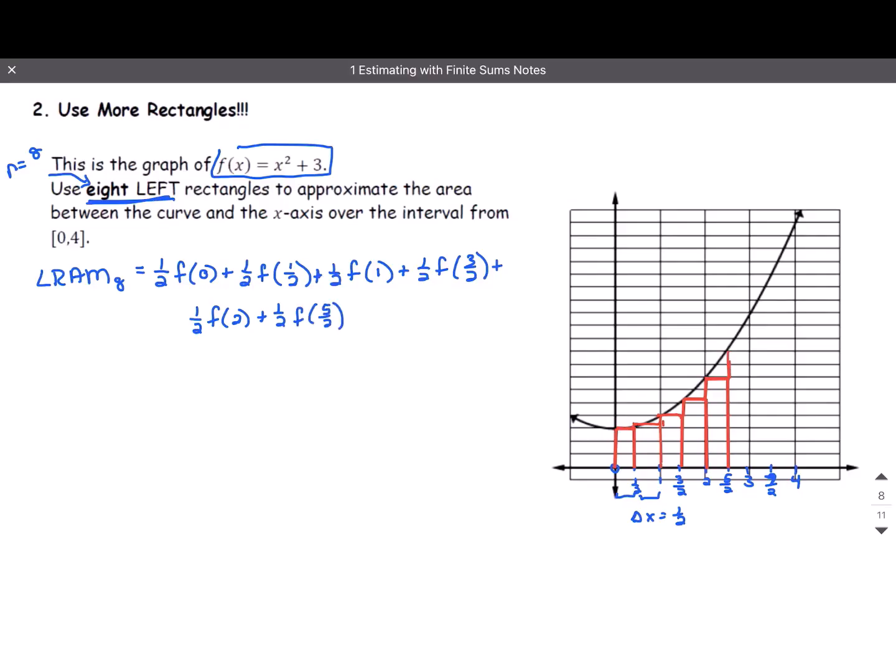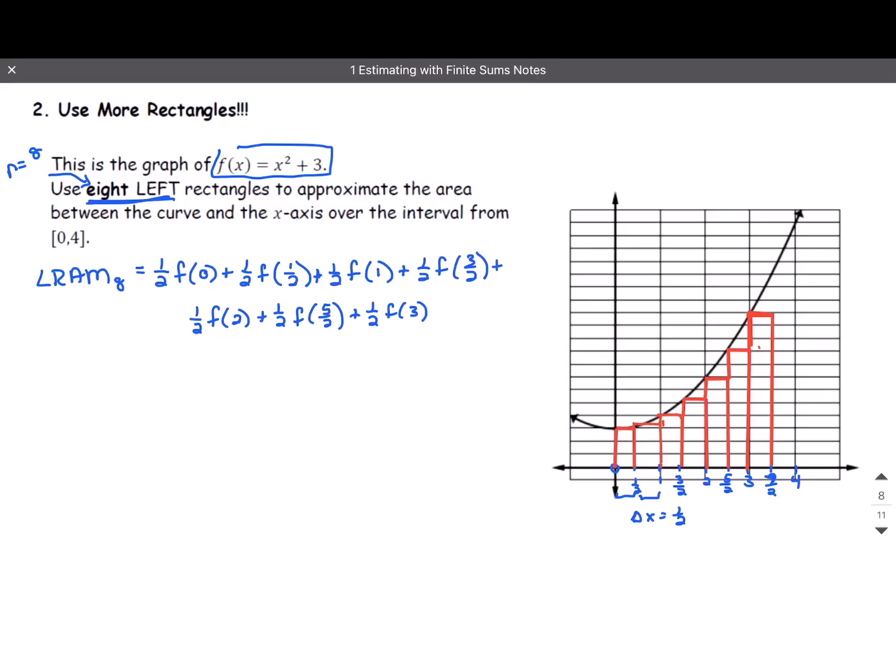We're going to use the height at 5 halves. We're going to come over to the end of the subinterval, and we're going to come down at 3. Now from 3 to 7 halves, that's a base of 1 half, and 3 is on the left. So we're going to use the height at 3. We're going to come over halfway. We're going to come down.